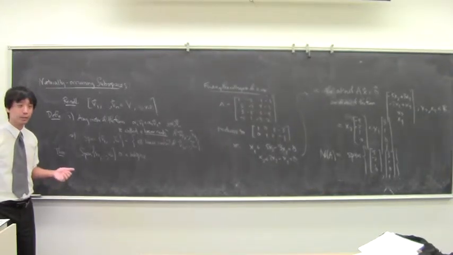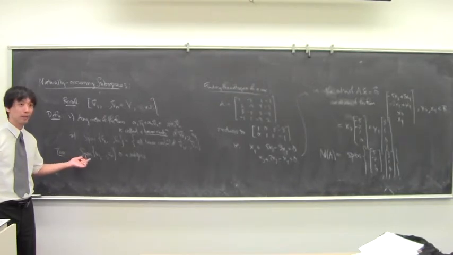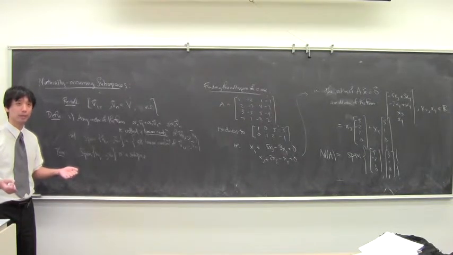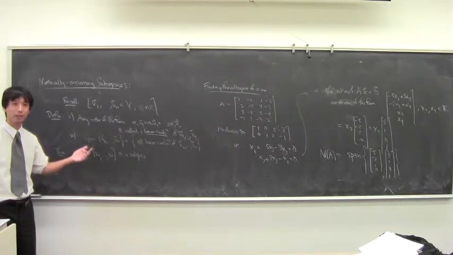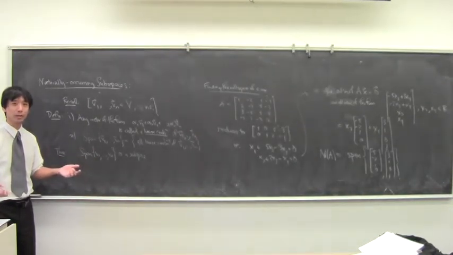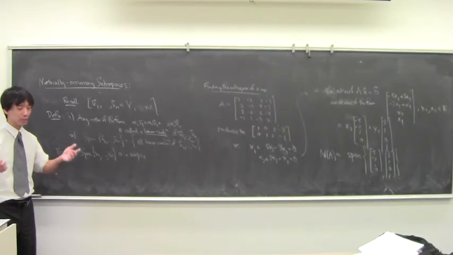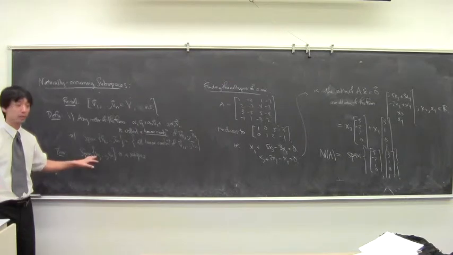Well, the only thing you have to do is check closure under addition and closure under scalar multiplication, right? So if you're looking at a span, you take two guys and you add them together. Is that still in the span? Sure, right? Because any linear combination plus another linear combination is just going to be a linear combination. The span is all linear combinations. So it's closed under addition, right?